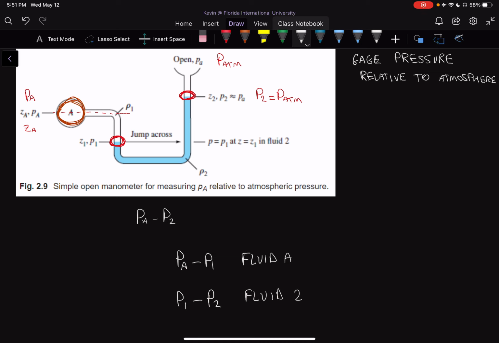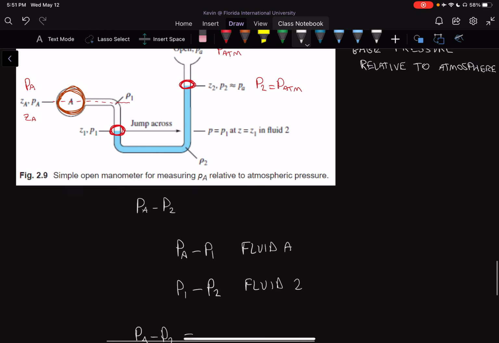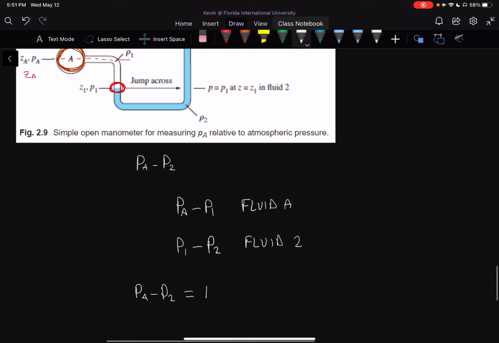Now, in order to find the difference in pressure between A and 2, we can combine these two equations together. We can say that PA minus P2 is equal to, and we're going to go from left to right and solve the problem that way. Pressure A is at a different height than pressure 1, so PA minus P1 is going to be a difference.